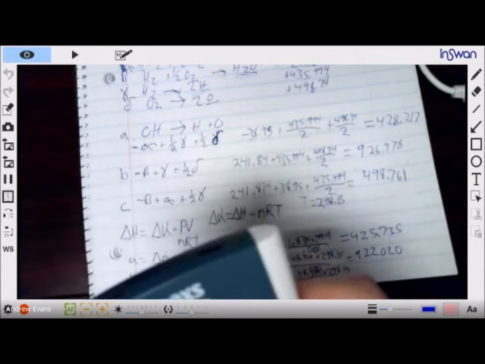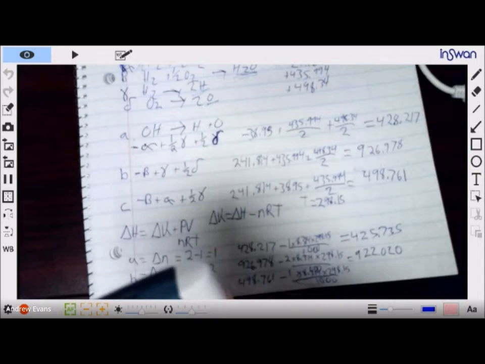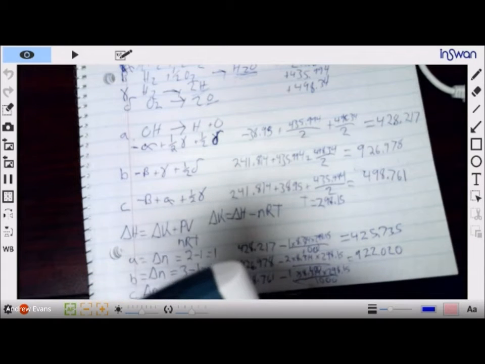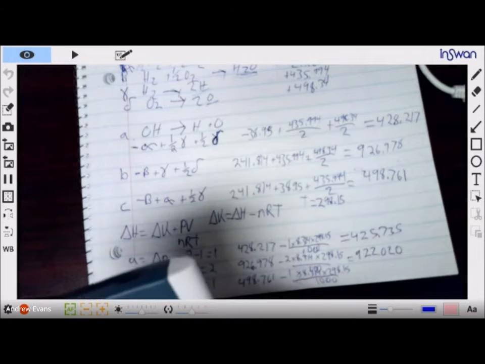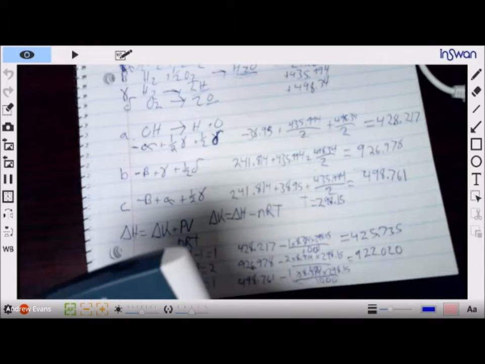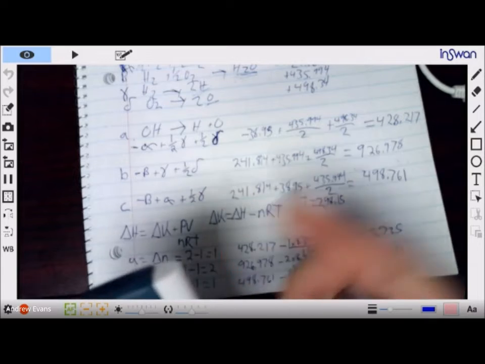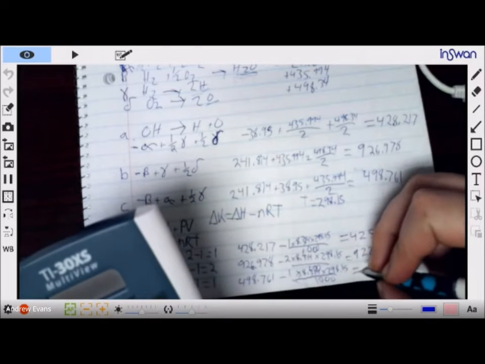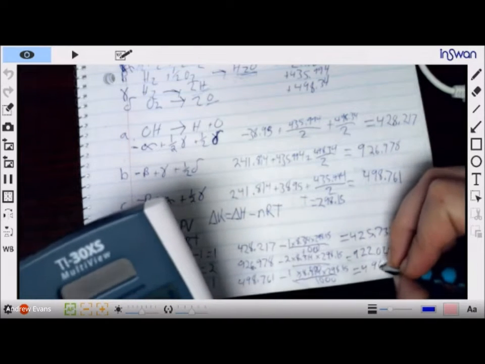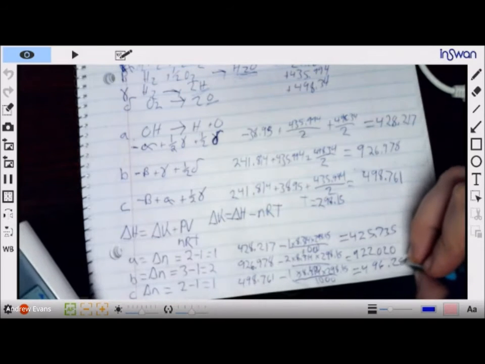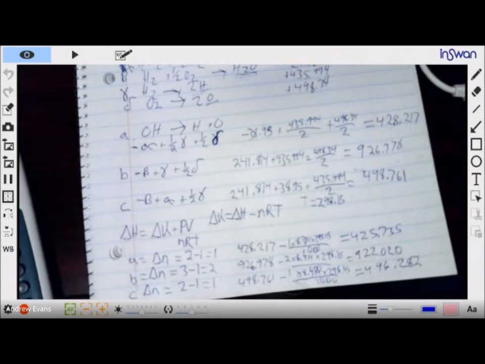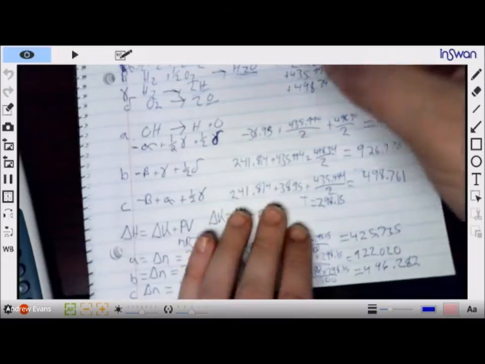So flipping between the two is pretty easy. So I get 496.282. So U and H are relatively close to the same numbers. But that's how you do Hess's law.